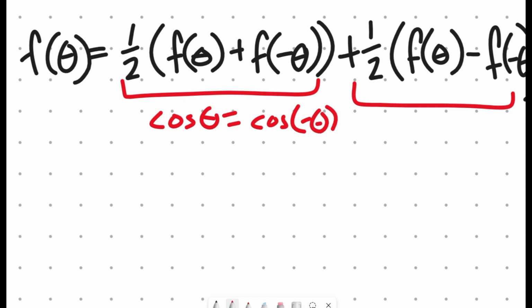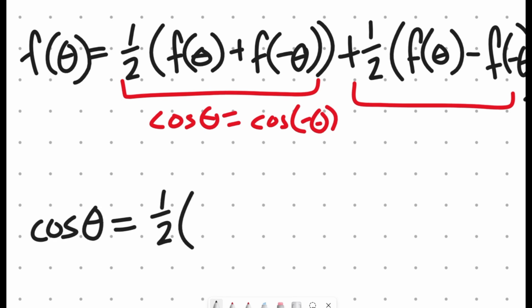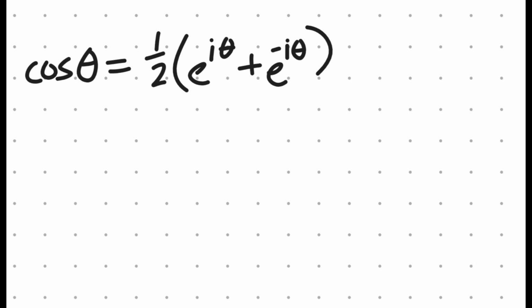And since this is true for every theta from 0 to 2 pi, we can tell that cosine of theta is the even function. So cosine of theta is 1/2 times e to the i theta plus e to the negative i theta, since we let e to the i theta be equal to f of theta.